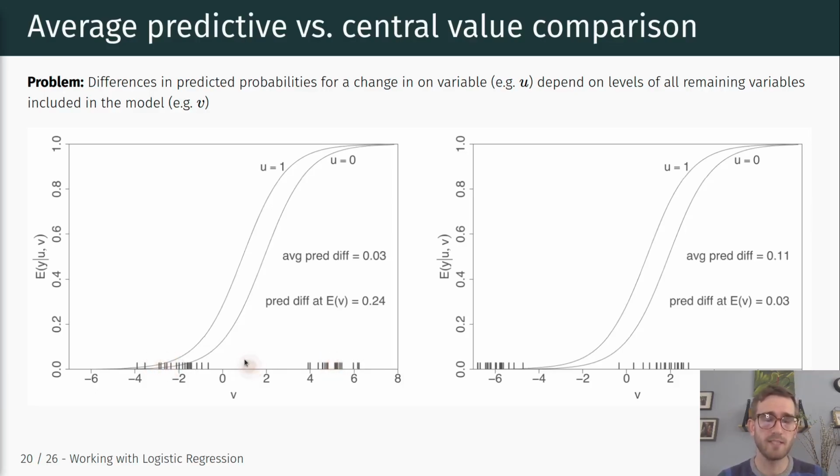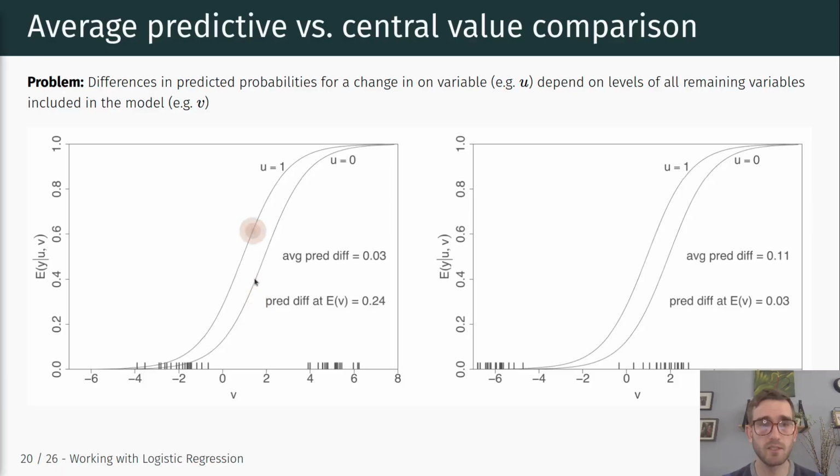This will be around the center of these two sets of observations in the bimodal distribution. If we then compute the difference in the predicted probability of observing a 1 for u equal to 1 and u equal to 0, we see that at the expectation of v, this is a very large change in the predicted probability.